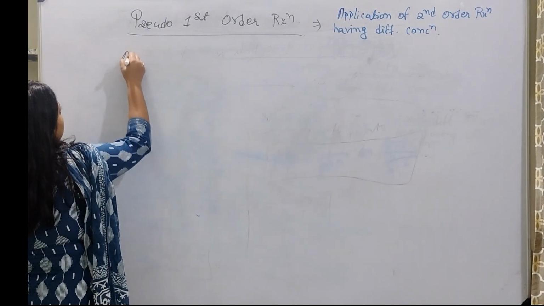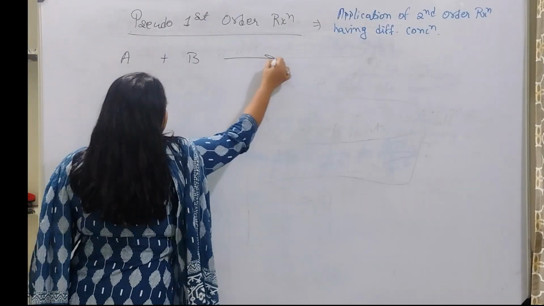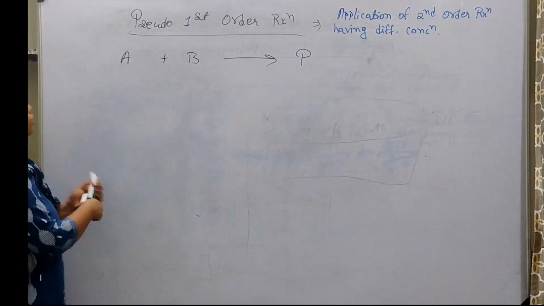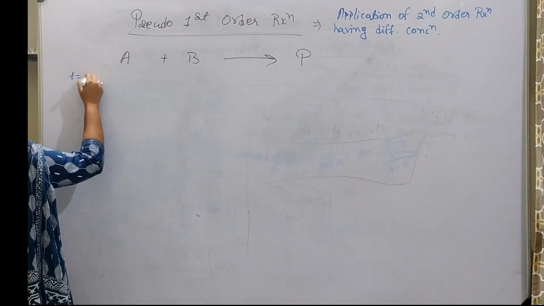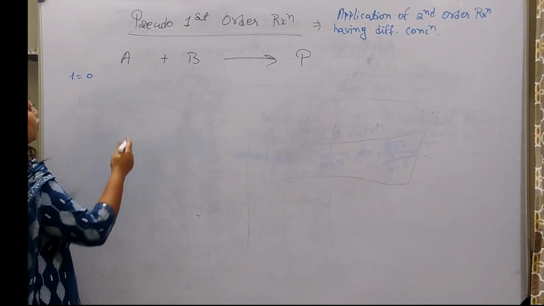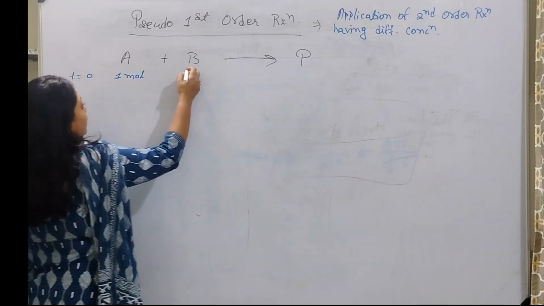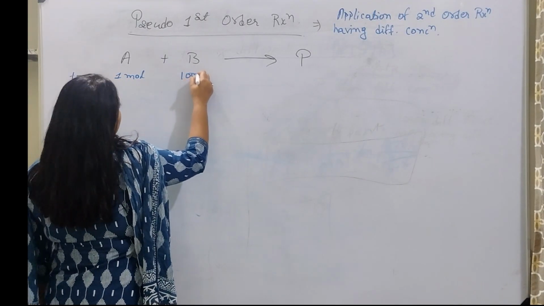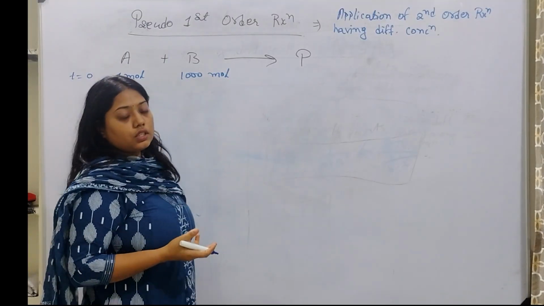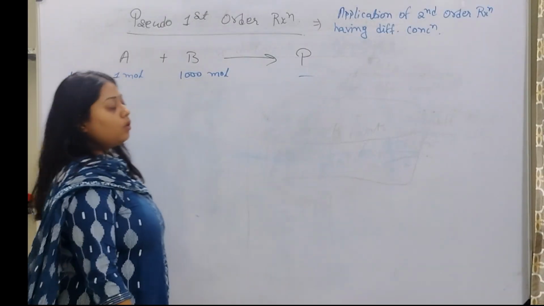Let's take a reactant A which is reacting with B, and the product which will be forming is P. Now let's suppose at the initial time, at time equals 0, A has an initial concentration of 1 mole and B has a concentration of 1000 mole. Now as the reaction has not started yet, the product will be 0.